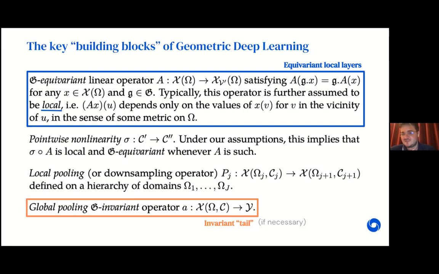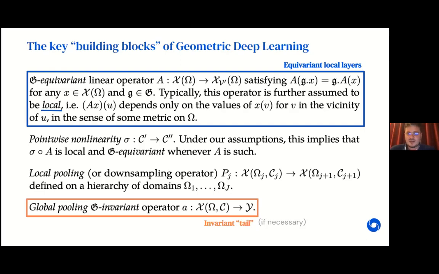And this is great if we want to get signals on every single domain element as outputs. In case that we want to predict something on the level of the entire domain, we can stick in a global pooling layer or a group invariant layer at the very end, which gives us a prediction on the level of the whole domain.